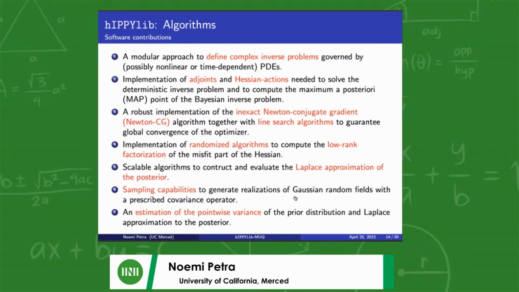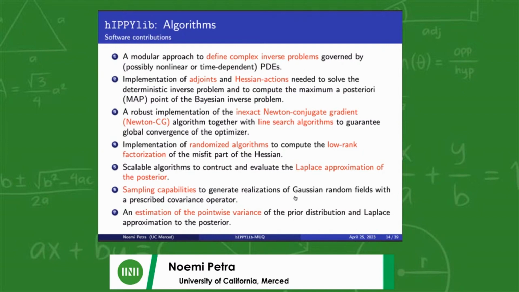We use inexact Newton CG to solve the optimization problem, with an Armijo-type line search to guarantee global convergence of the optimizer. We have also implemented randomized SVD and randomized algorithms to compute low-rank factorizations of the misfit part of the Hessian of the inverse problem objective.